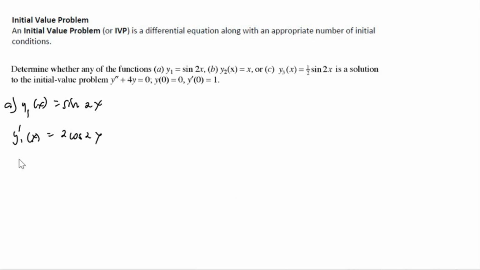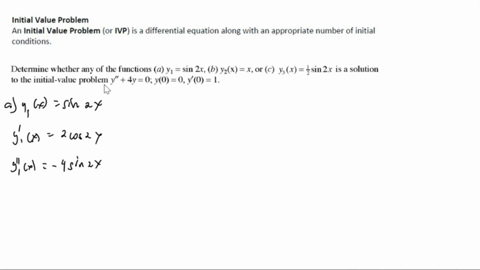Okay, and the second derivative for this, we have y double prime of x is equal to the derivative of cosine, which is negative sine. So therefore 2 times negative 2 becomes now negative 4 sine 2x. Okay, so we have now up to the second derivative.